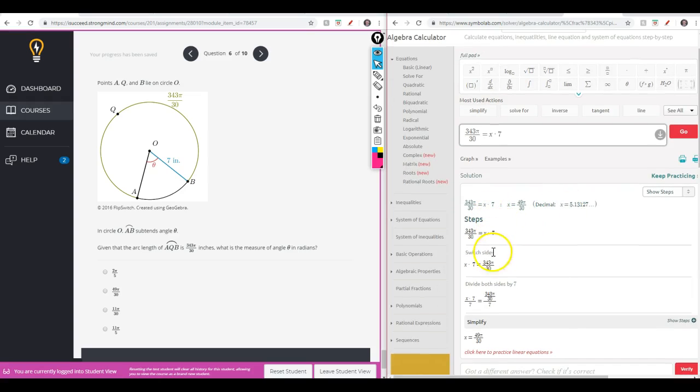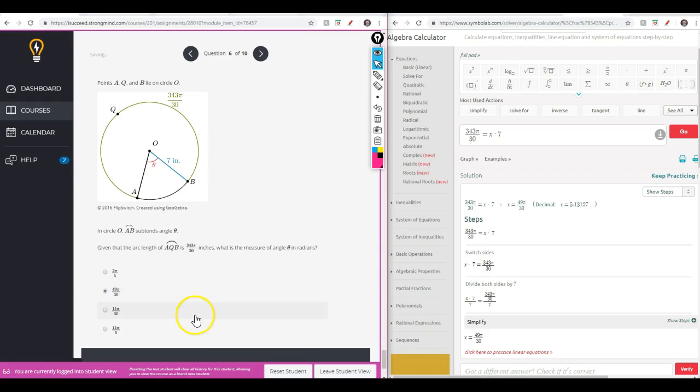Again, it'll show you the steps on what happens. I don't agree that you have to switch sides, that is debatable. So x equals 49 pi 30ths.